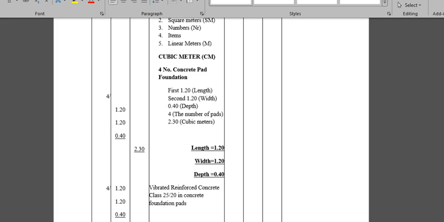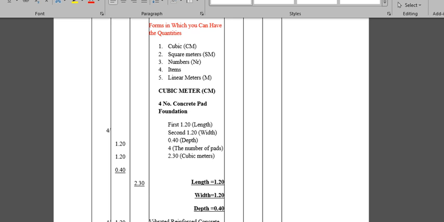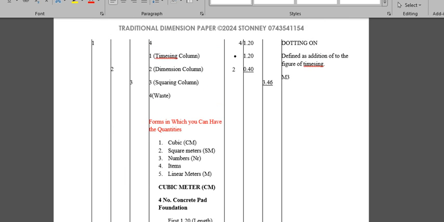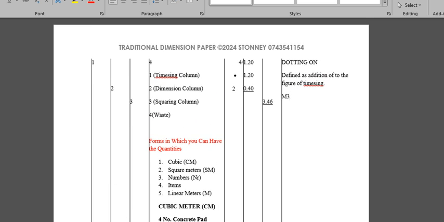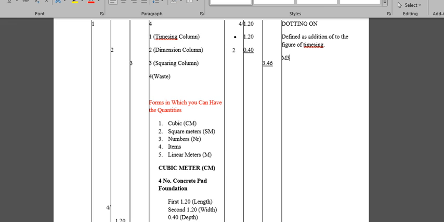We were just concerned about the dotting on bit. The other ones are similar in the sense that they'll remain the same as I had explained previously. So we've learned quite a few items today on the traditional dimension paper.